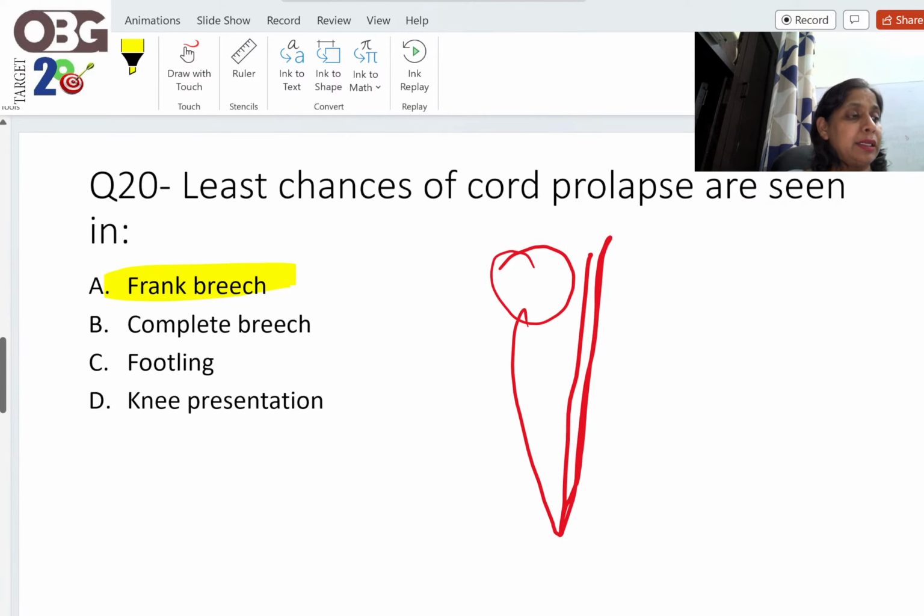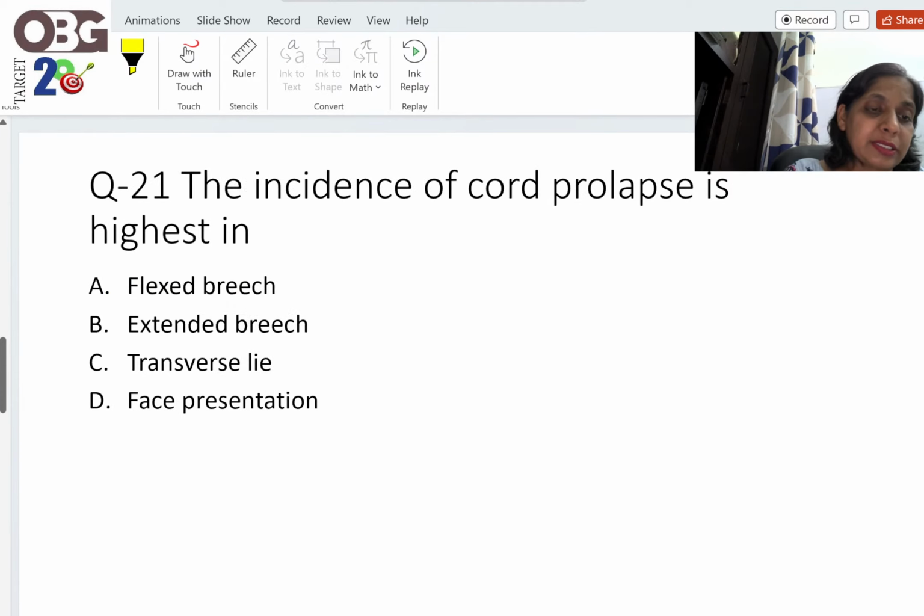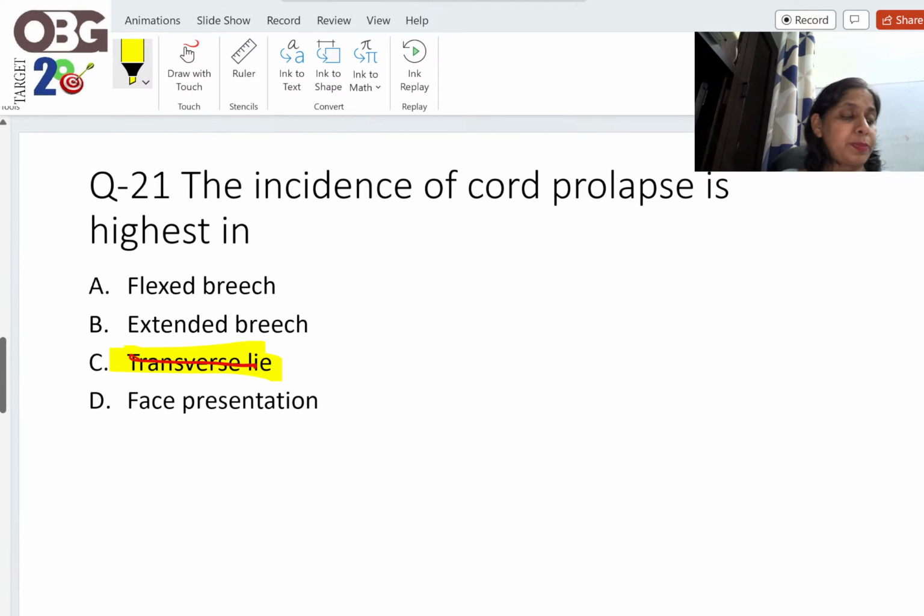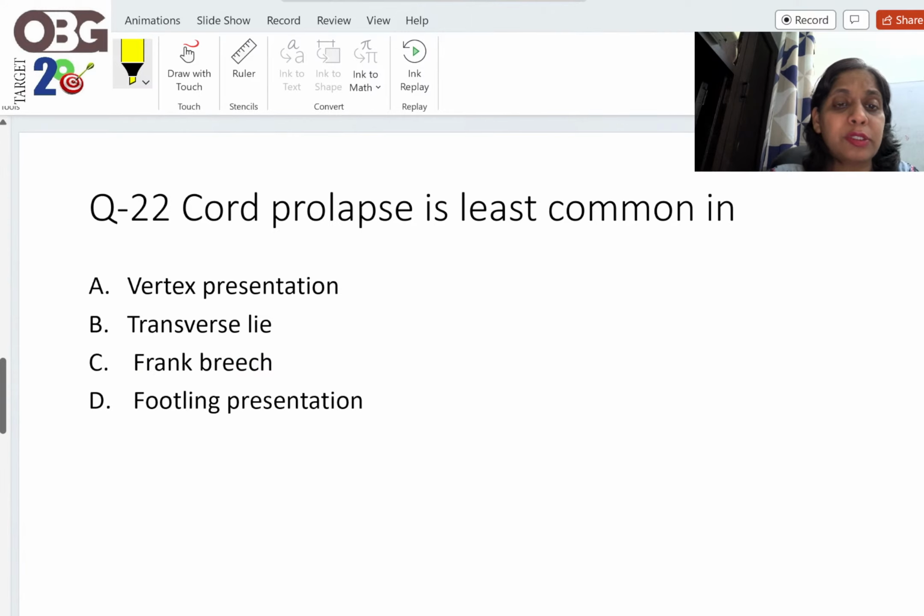The fetus is in a closed position like this in the frank breech, so there is minimal chance. The incidence of cord prolapse is maximum in the transverse lie because there is more space, it is more open, and the back is just near the os. So the answer is, cord prolapse is least common in vertex presentation, okay?